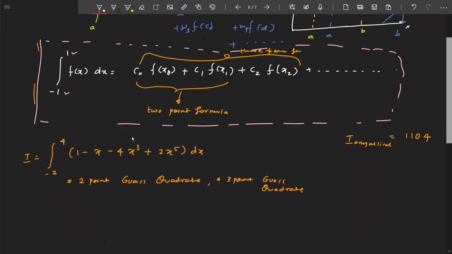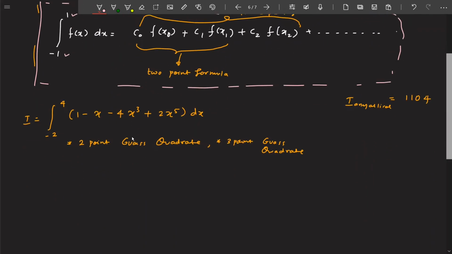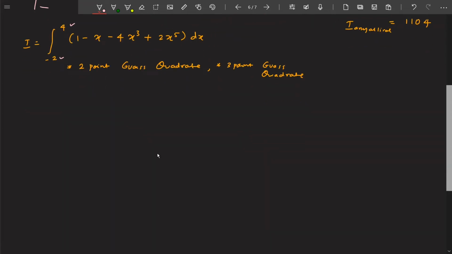So to be able to apply the Gauss Quadrature formula, we have to convert the given limits, in this problem -2 and 4, to -1 and 1. To do that, you don't have to worry, you just have to remember a simple formula. Any problem you encounter for Gauss Quadrature, you're just going to follow this formula.